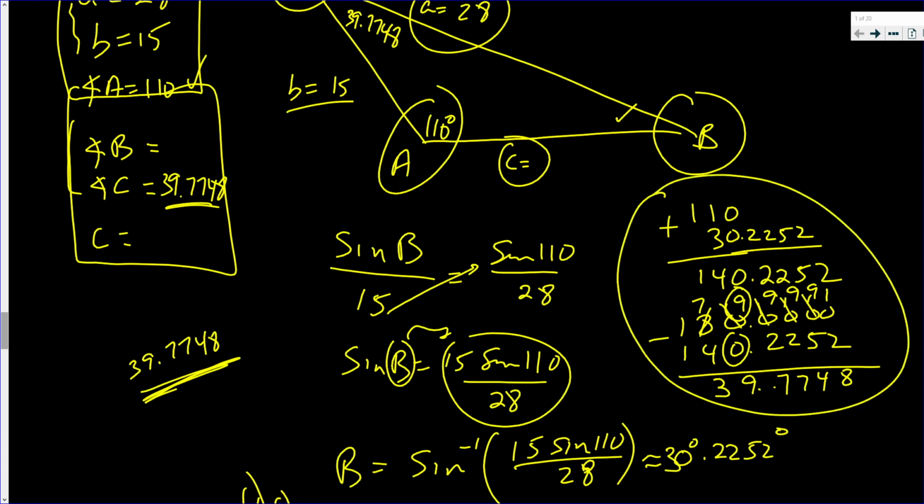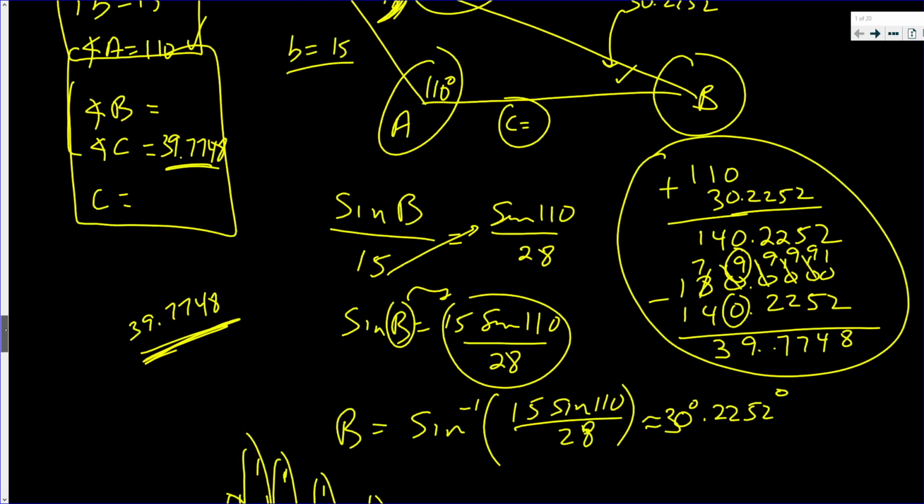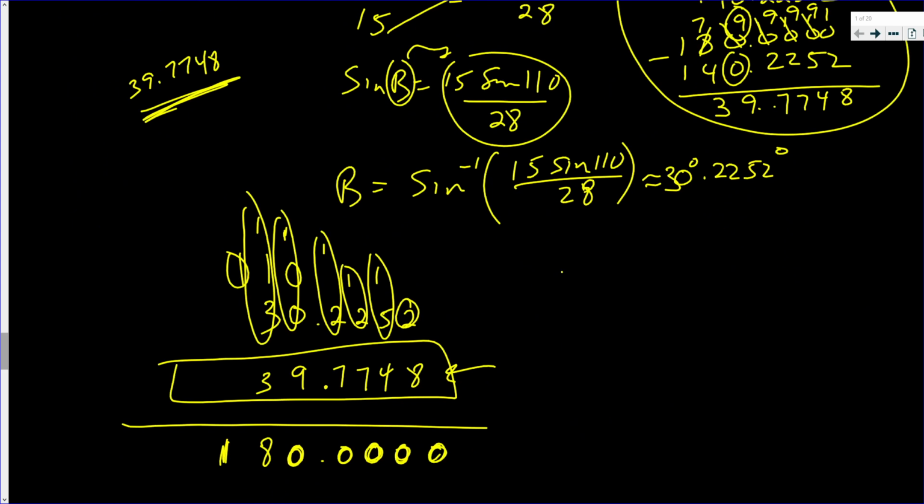But we have the three angles. Now, we need to find little c. There's really no choice but to use big C. So, it's going to be the sine of big C, divided by little c.